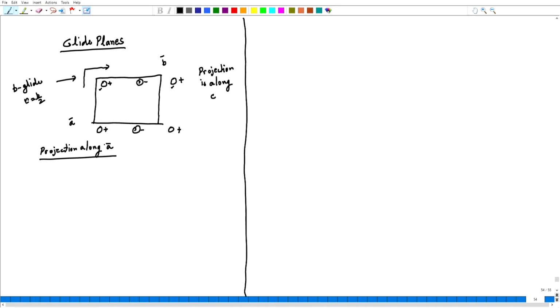If I take projection along A, I have to be careful about how I draw the axes. So, in the plane, then I will have axes B and C, and A axis will be coming out of that plane. So, we can call this B vector, this C vector.